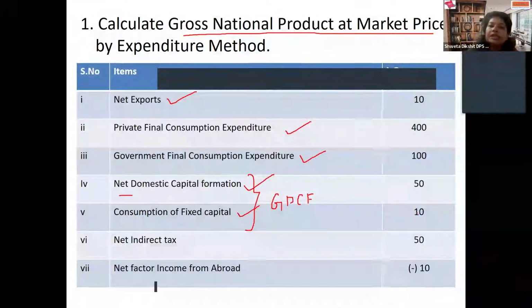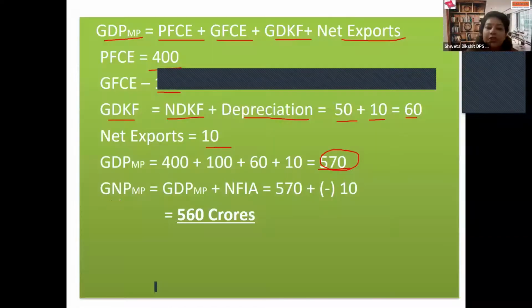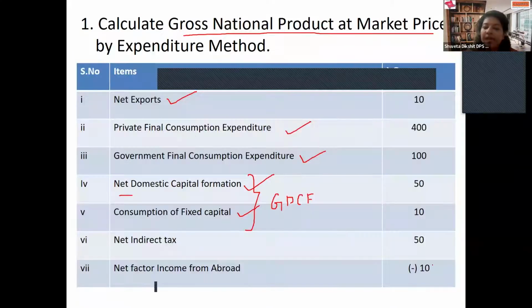And what is the question asking you? GNP at MP. So to convert GDP at MP into GNP at MP, what you need is to convert domestic into national. So we need to add NFIA. NFIA value, let us see in the question.